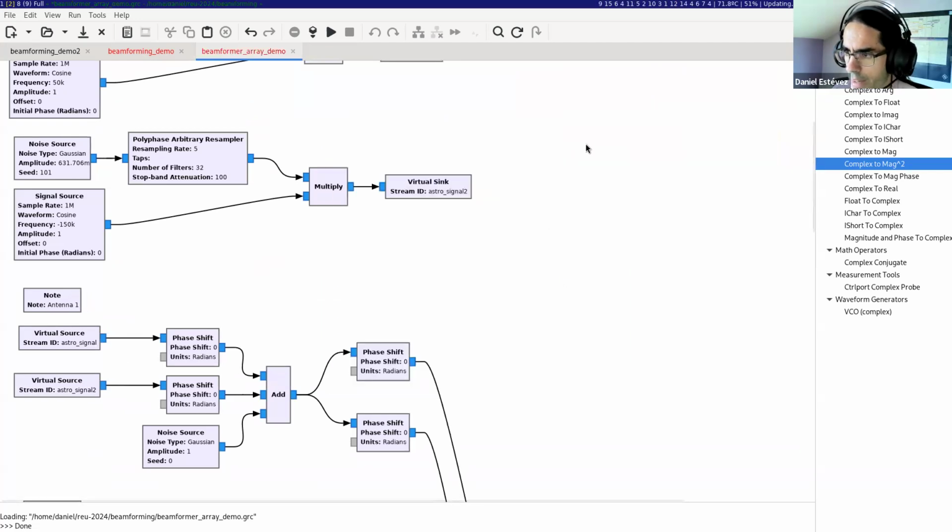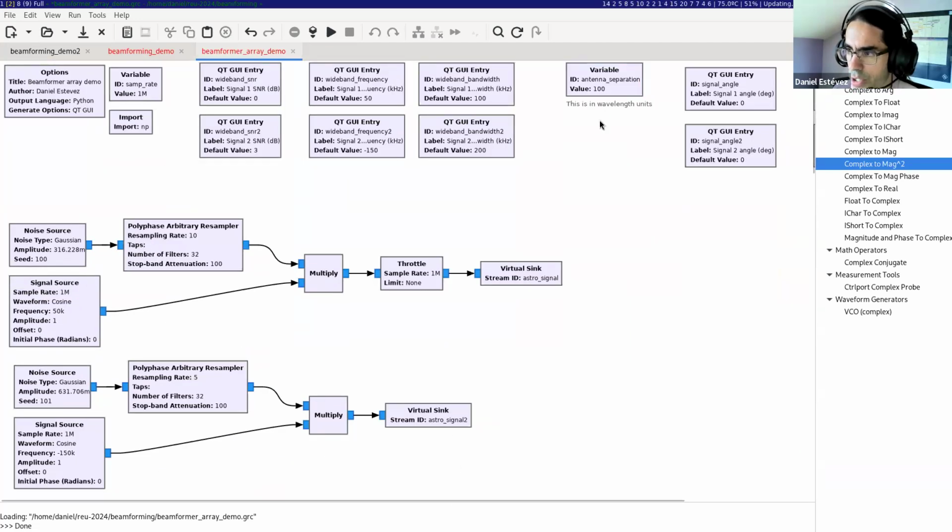So that means the antenna separation is in wavelengths. So 100 wavelengths. We will speak in a moment about how the antenna separation affects the beamformer.